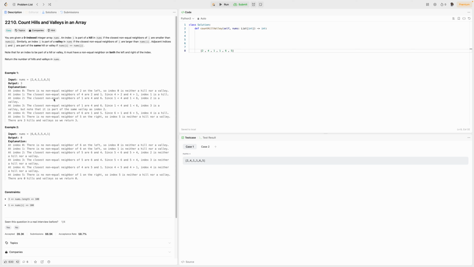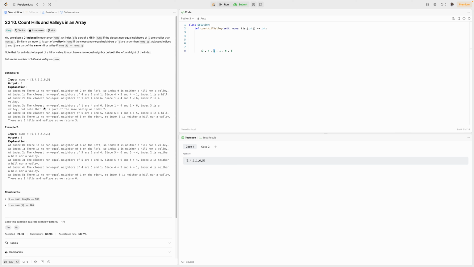At index 2, the closest non-equal neighbors of 1 are 4 and 6. Since 1 is less than 4 and 1 is less than 6, index 2 is a valley.